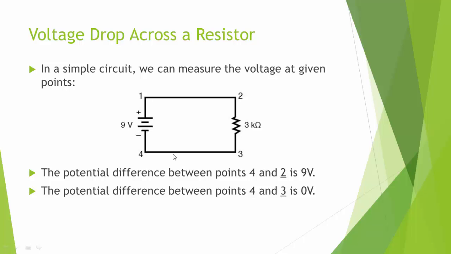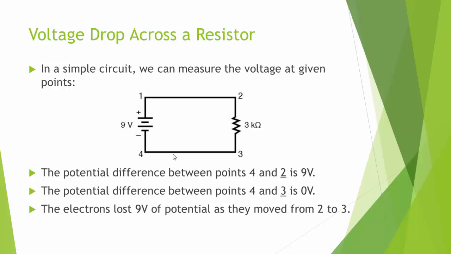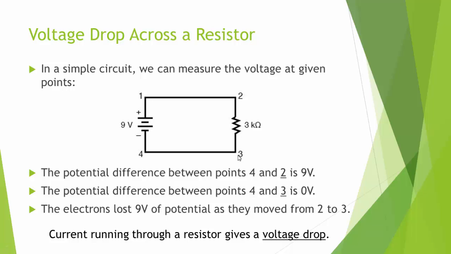It's a wire. So the difference between there will be 0 volts. This is our clue to what's changing in the electron as it passes through that resistor. The electron loses 9 volts of potential in moving from point 2 before the resistor to point 3 after the resistor.